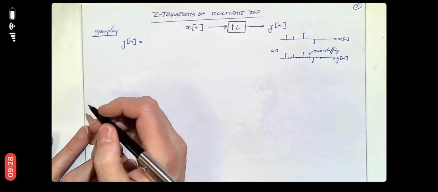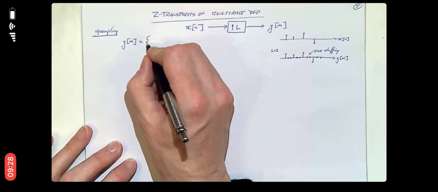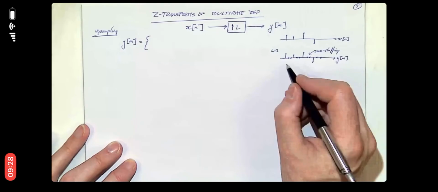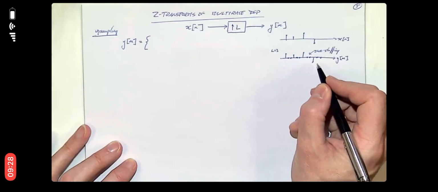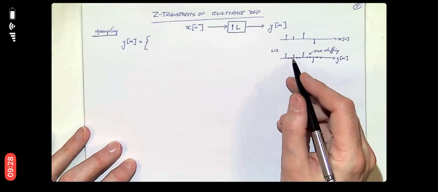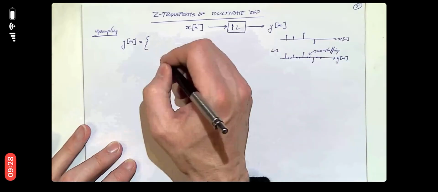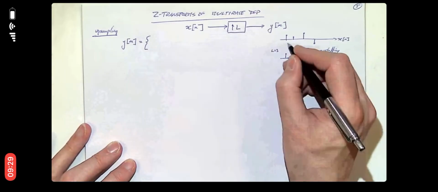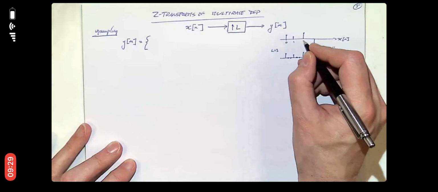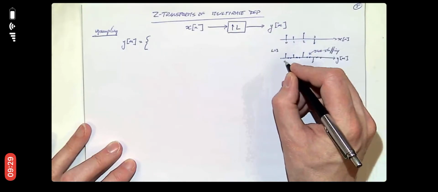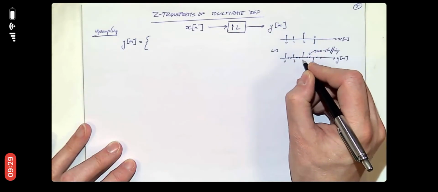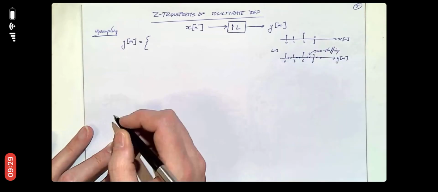Zero stuffing here. So we could say that if m is divisible by 3, then we'll get the corresponding one from x of n. So we might get here 0, 1, 2, 3, and here we get 0, 1, 2, 3, 4, 5, 6, 7, 8, 9, and so on.